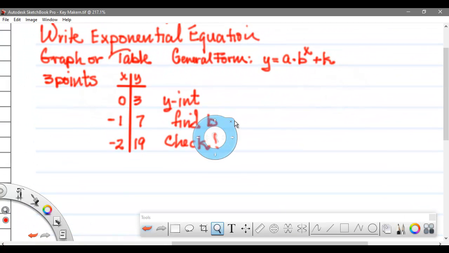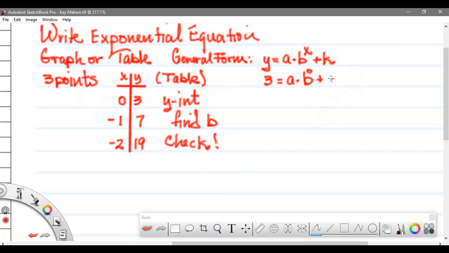Now I'm going to use the (0, 3) and k equals 1 to rewrite this general form. So we can see that the y value is 3 from our table. a I don't know. b I don't know, but I do know that x is 0 and k I know is 1, the line of asymptote.